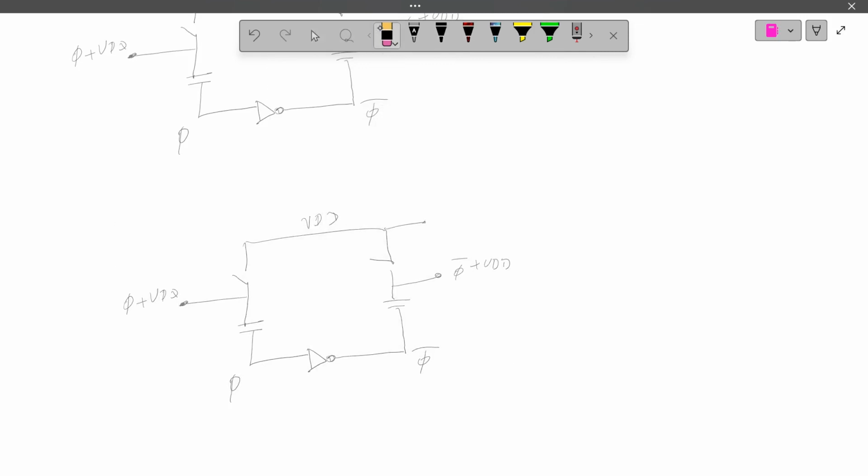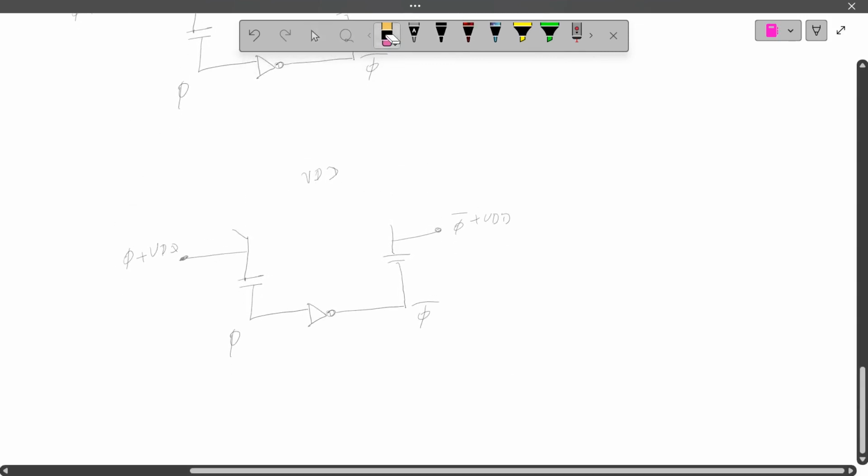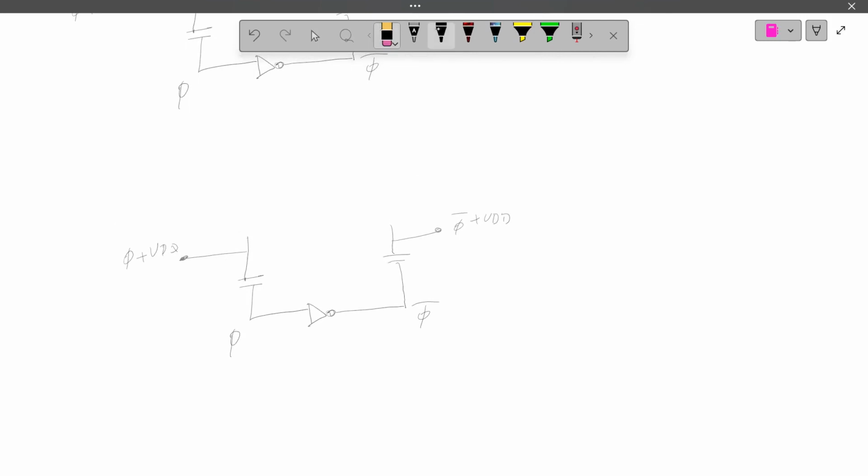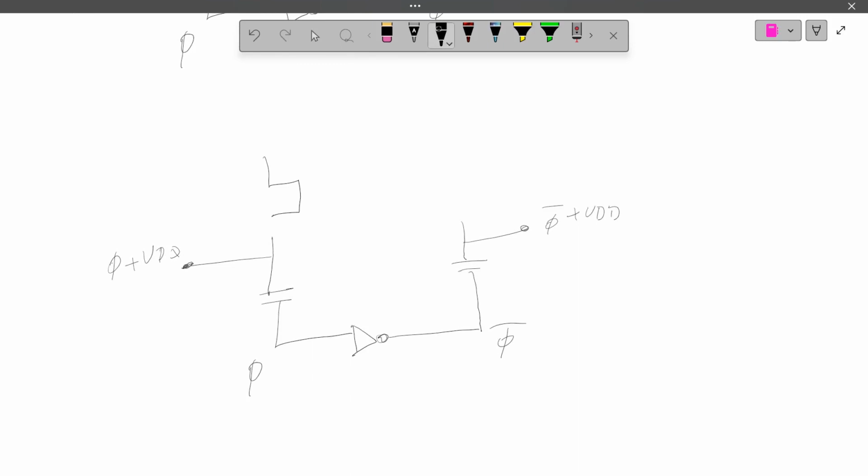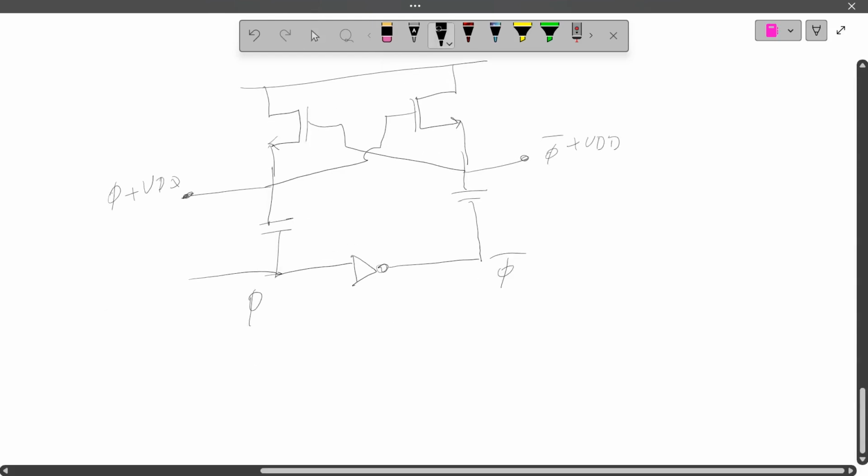So I'm going to design the NMOS here, and NMOS here. This one is connected through this point. This one is connected through this point. This is VDD, and this is phi. This is phi R, right?